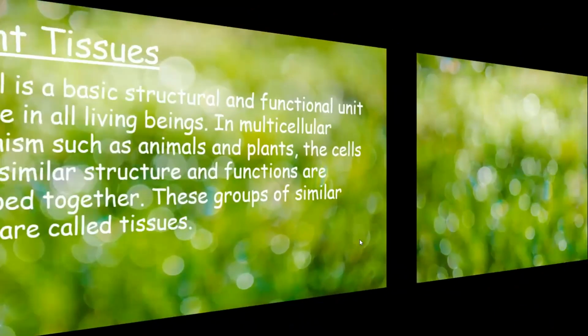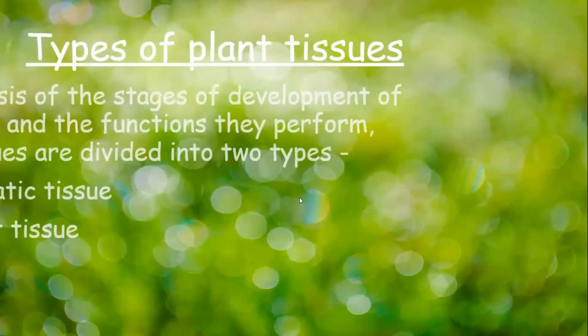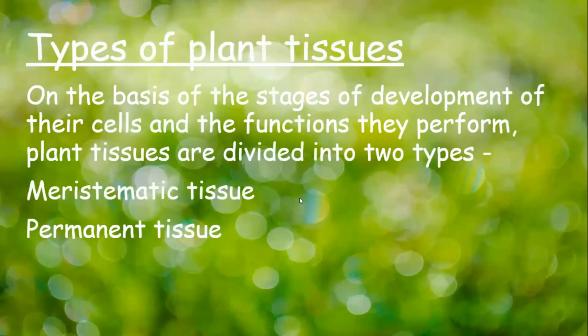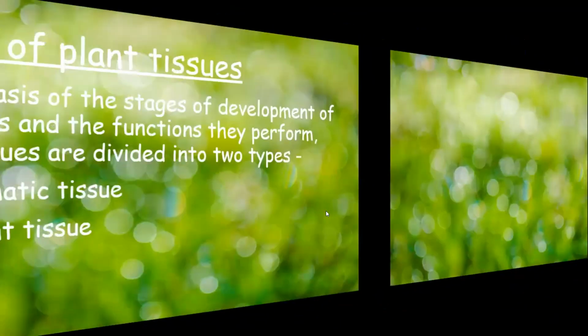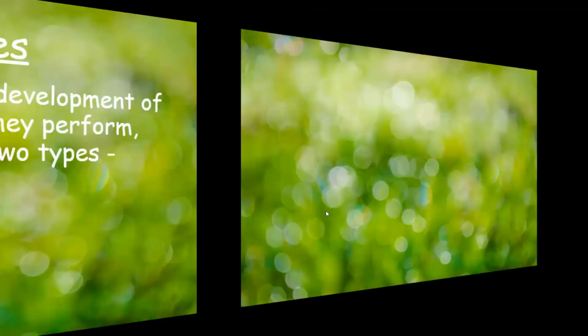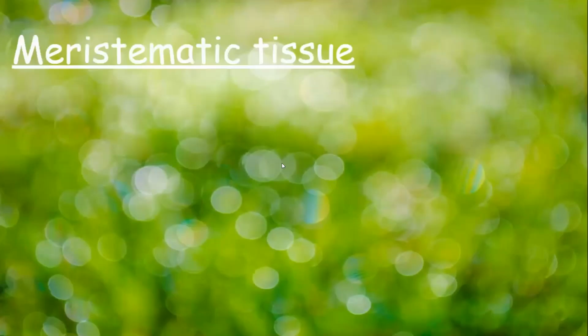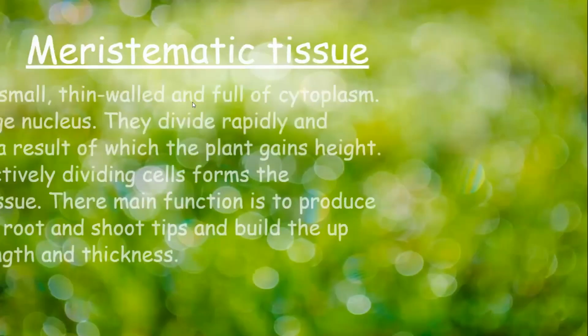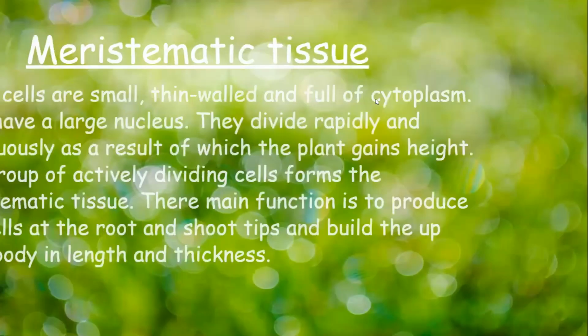Now we will discuss the types of plant tissues. On the basis of the stages of development of their cells and the functions they perform, plant tissues are divided into two types, meristematic tissue and permanent tissue. Now we will talk about meristematic tissue in detail. These cells are small, thin-walled and full of cytoplasm.